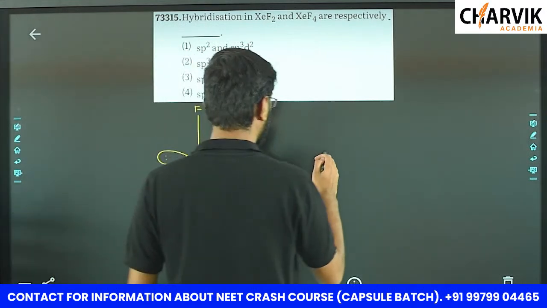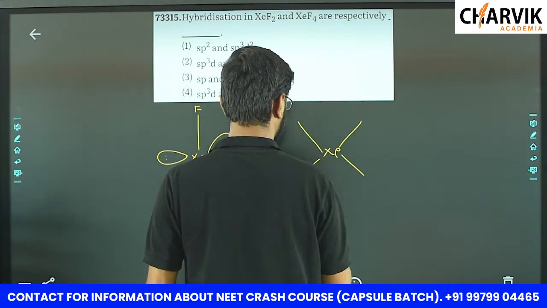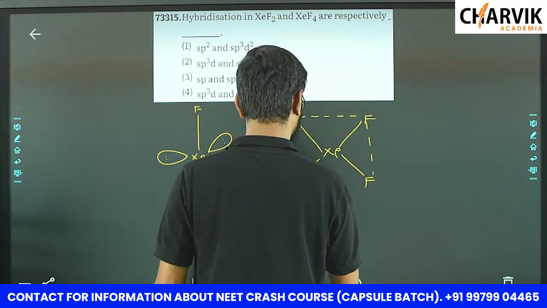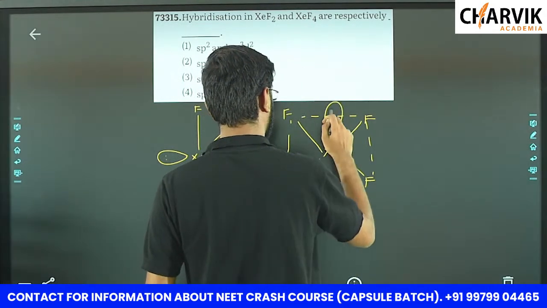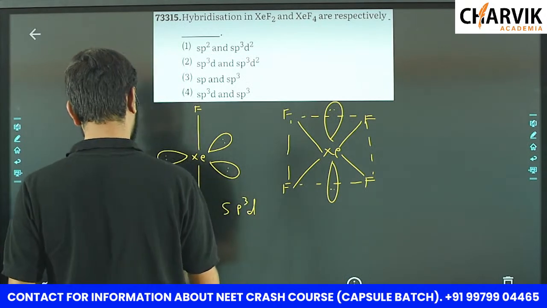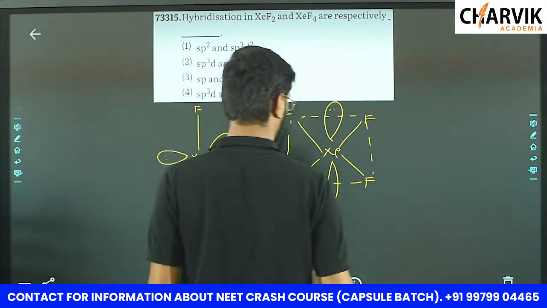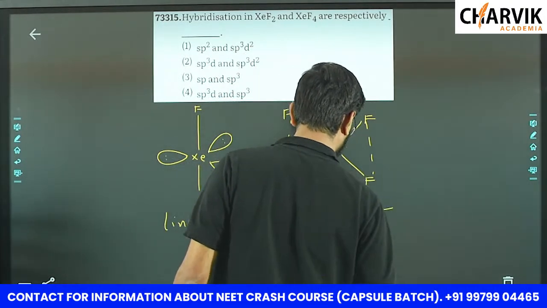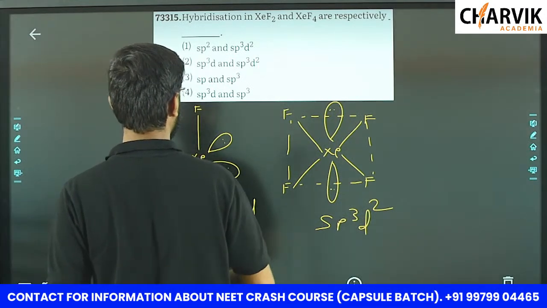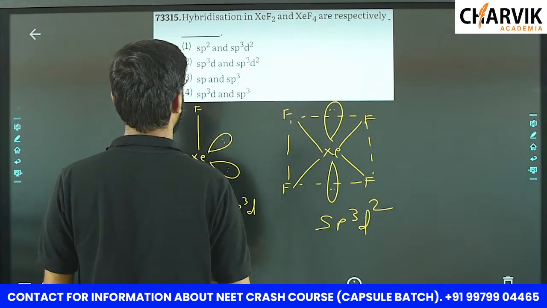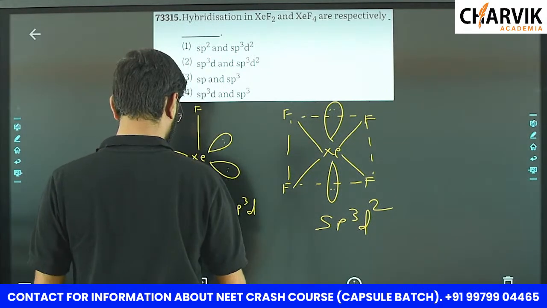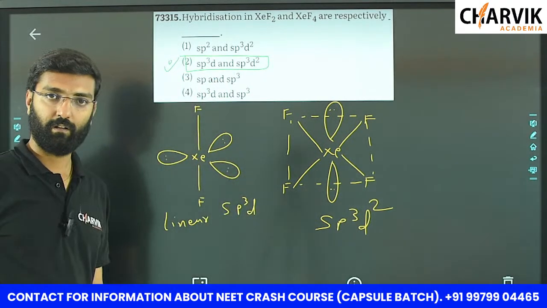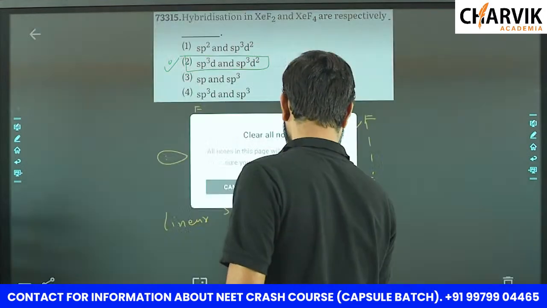And the structure of XeF4: the shape of XeF4 is square planar and the shape of XeF2 is linear, and the hybridization of XeF4 is sp3d2. So your correct option is the sp3d and sp3d2 set. This is your correct answer. Then, move to next question.